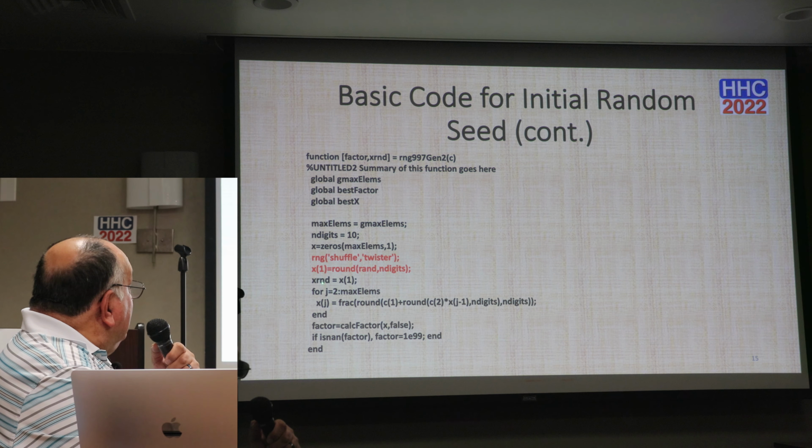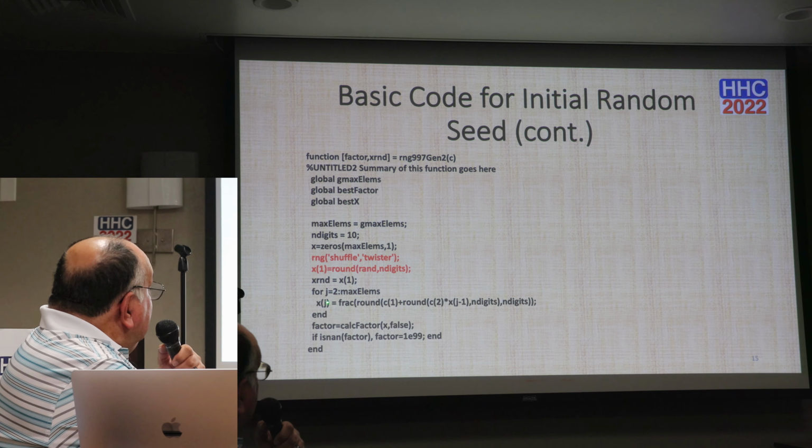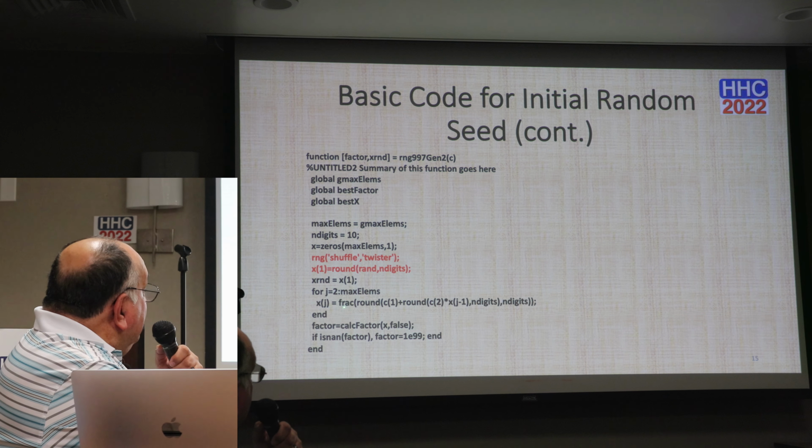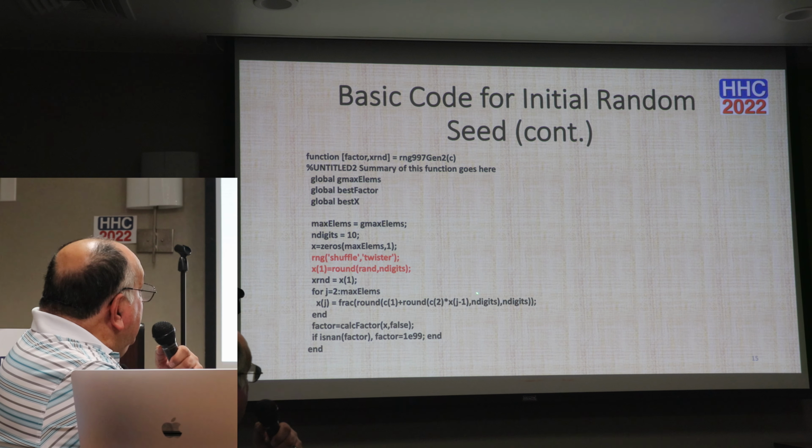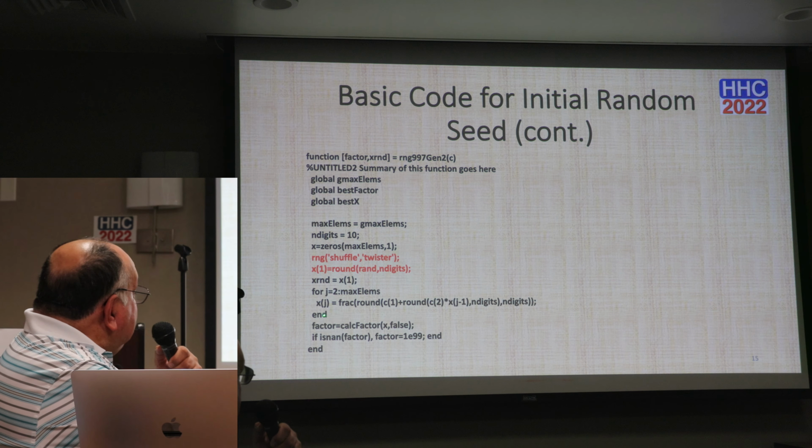And that'll be my initial random seed. But notice here, this is the loop that calculates the subsequent random numbers, and I round to 10 digits, as I do here. And once I'm done, I calculate the factor for this series rounded to 10 digits.